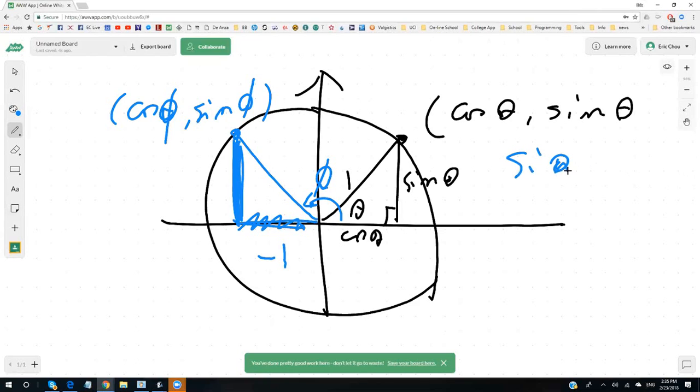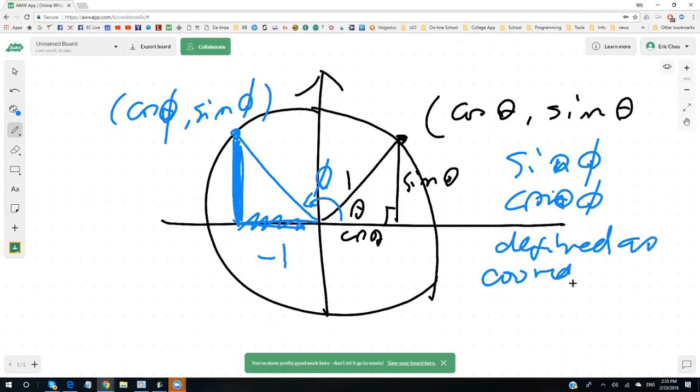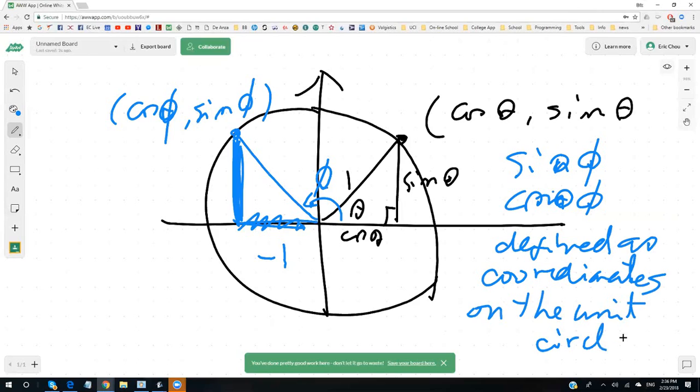Sine phi and cosine phi are defined as the coordinates on the unit circle. So if the angle is in the first quadrant, it should be positive, positive. In the second quadrant, it will be minus, positive.